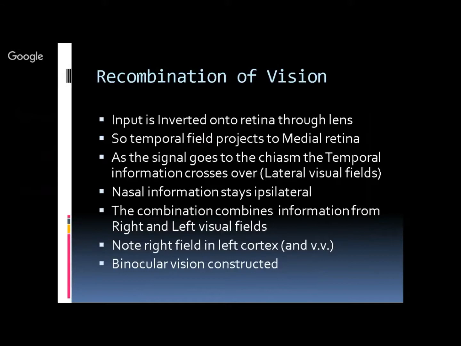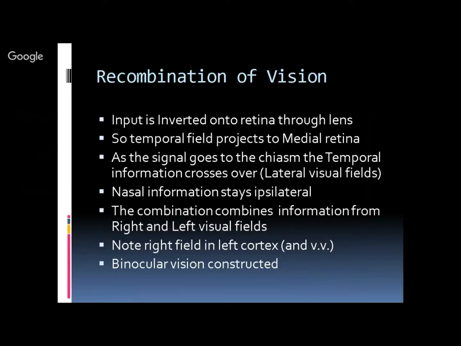As the signal goes down to the chiasm, the temporal information actually crosses over. Nasal information stays ipsilateral, so it'll be on the same side of the brain as the actual stimulus.